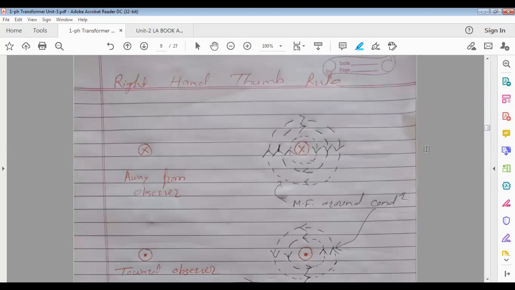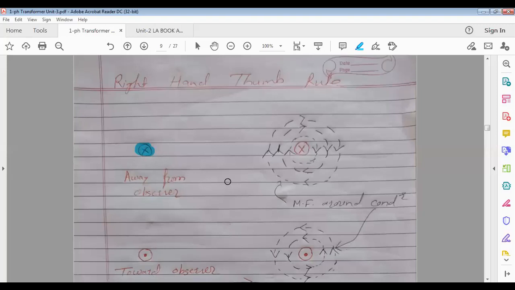Have you studied the right hand thumb rule? Some of you may have. See here, consider a conductor parallel to ground.